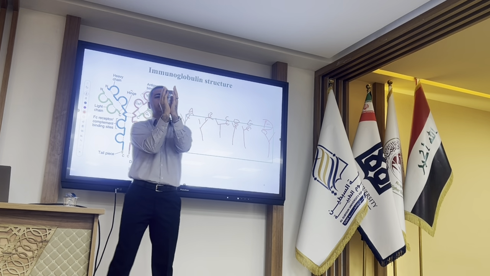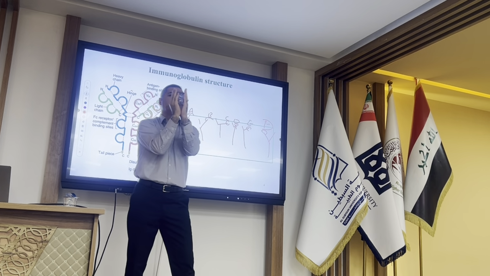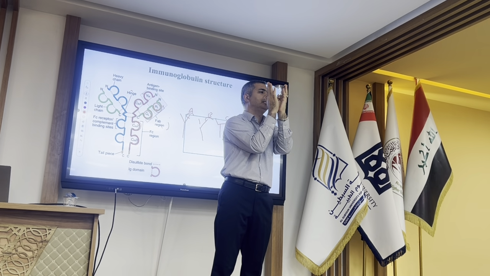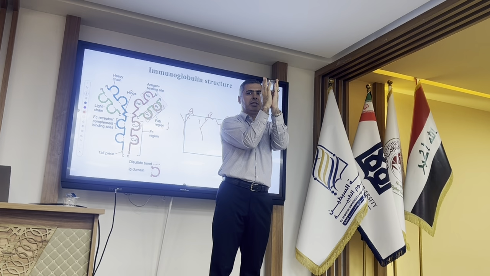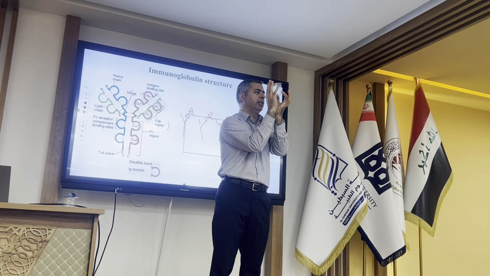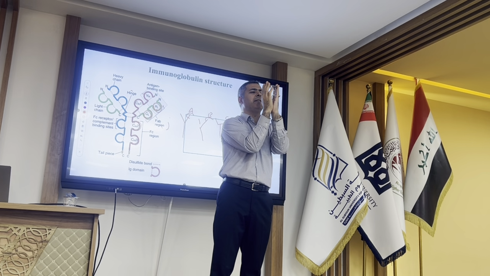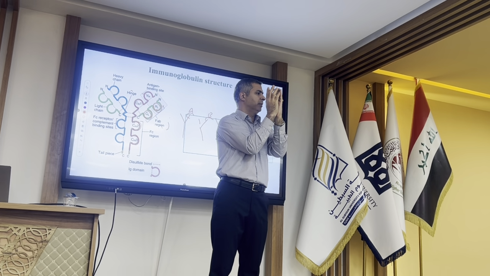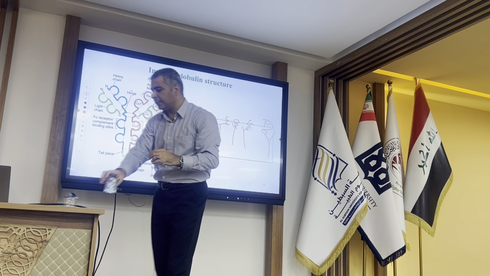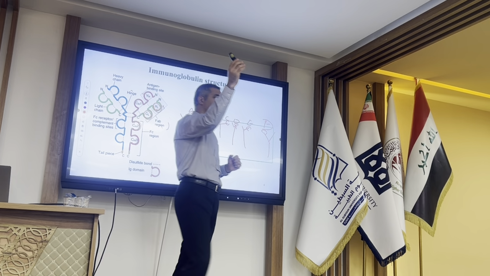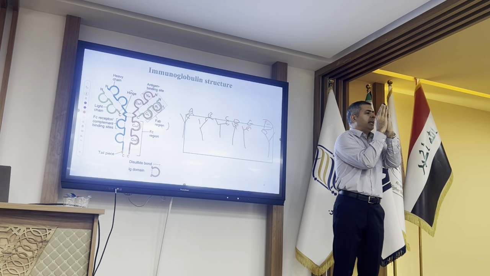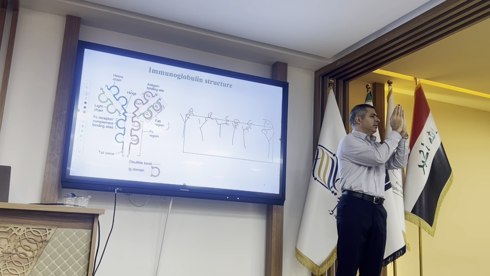So now you can see that, for example, the shape of this antigen binding site is going to bind to this type of antigen, to this shape of the antigen. So its shape is in a way that can fit with it completely. But if the antigen is different, for example this one, and I'm another antibody, the shape of the antigen binding site is different.